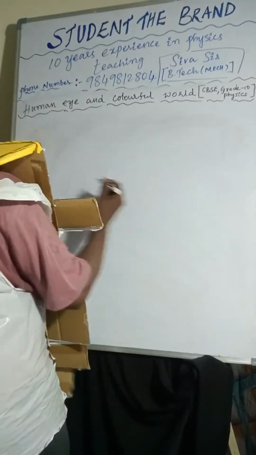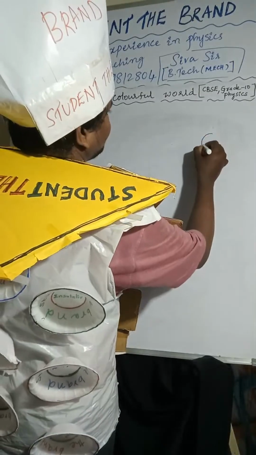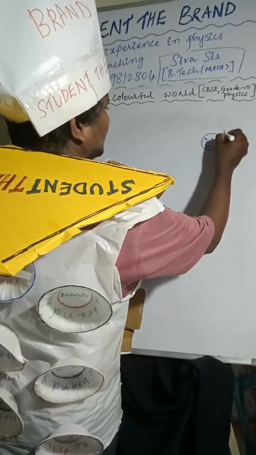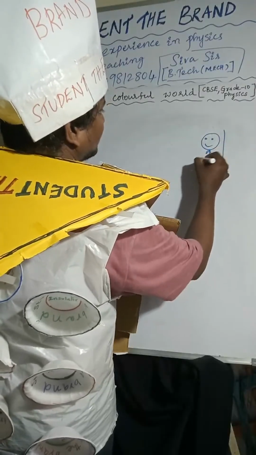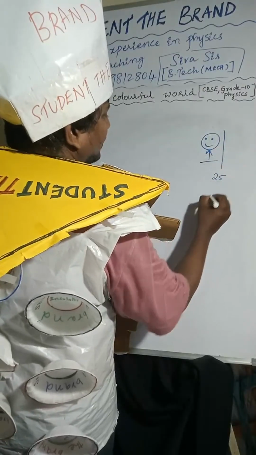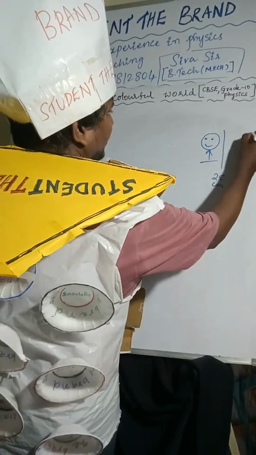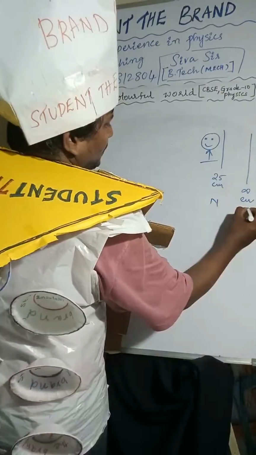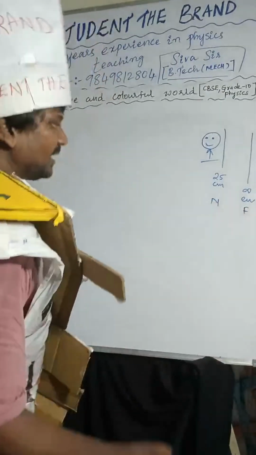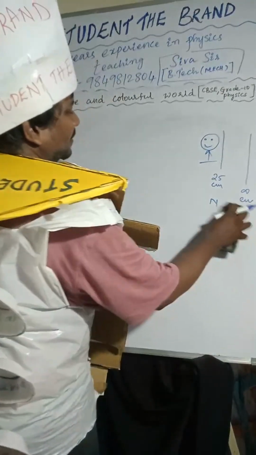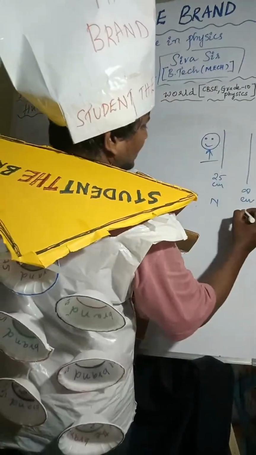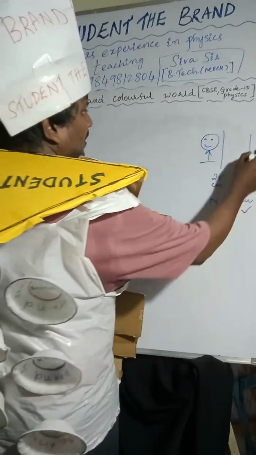You can see I'm taking a person. This is the person. This is 25 centimeters, the near point, and infinity is the far point. Let it be infinity, because here the points will change. He can see the infinity point, so we don't need to consider that.